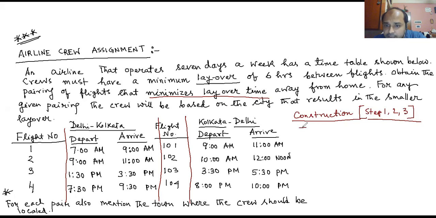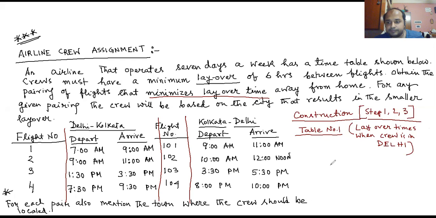My first table, table number 1. Let me give it a name: layover time when the crew is in Delhi.